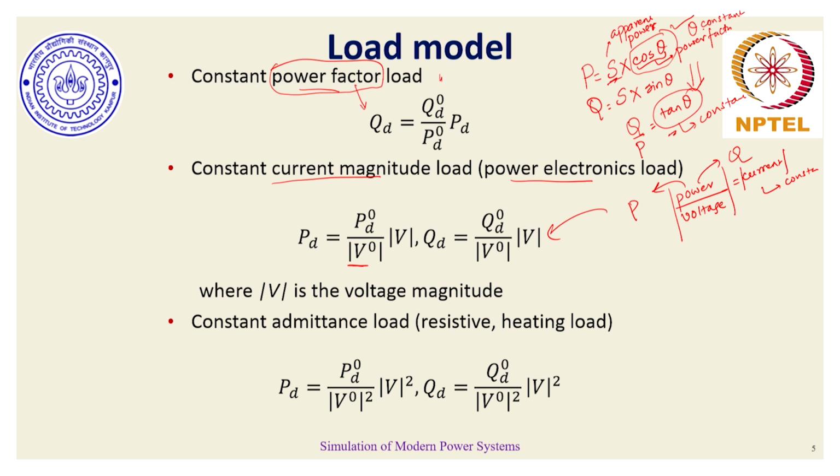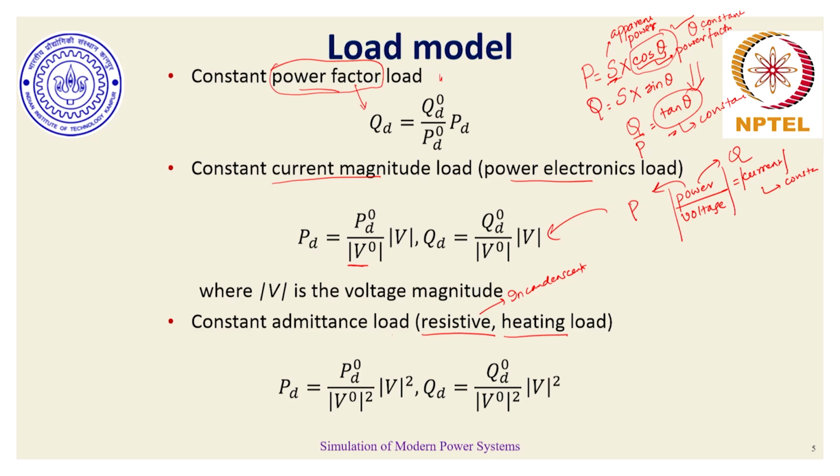Coincidentally, we can also have constant admittance or impedance loads, which usually refer to resistive or heating type loads. The well known incandescent bulbs or lamps can be closely represented or modeled as this constant impedance or admittance load.